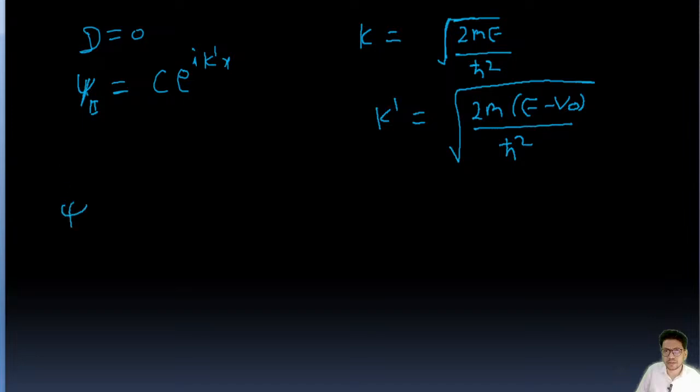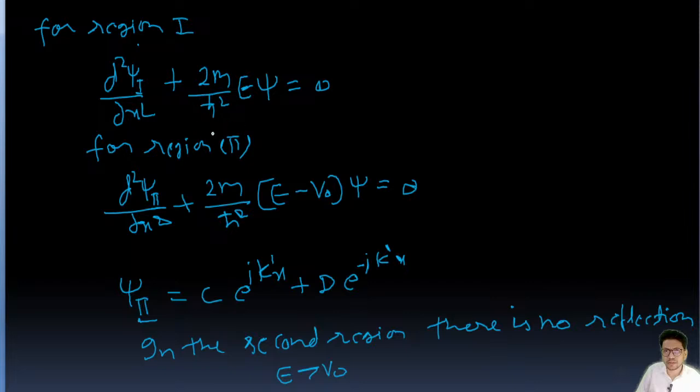Well, this is the one, and then psi incident is here A e to the power iota kx, which I have already explained, right? And for region 1, psi 1 is the wave function, by solving it, which I have already explained.